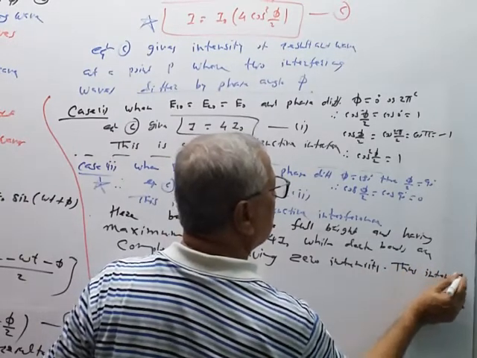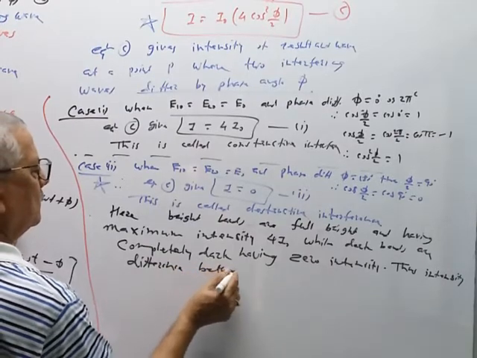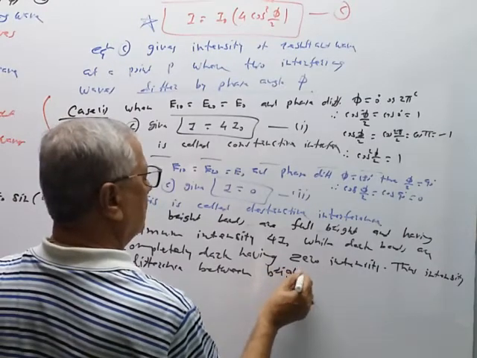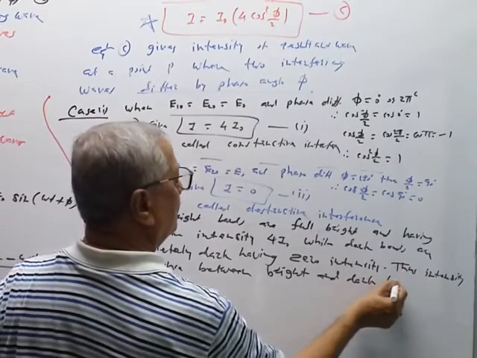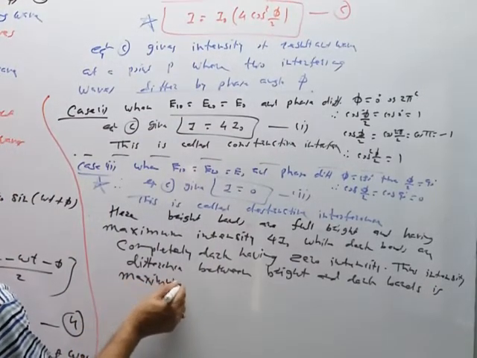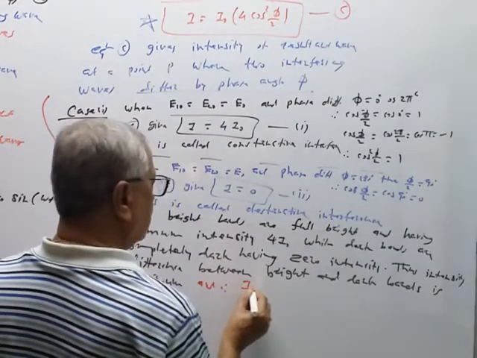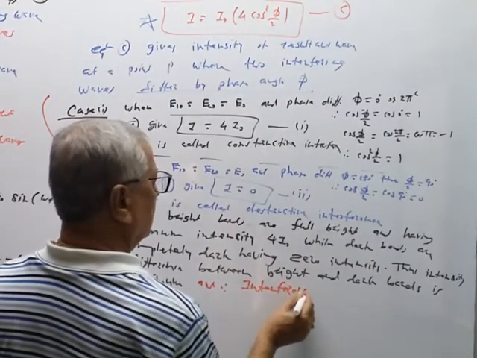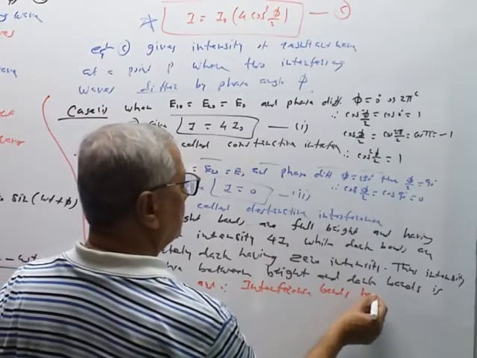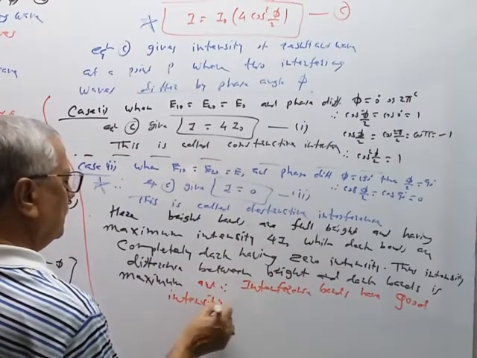Thus, the intensity difference between the bright and dark bands is maximum, and therefore there is a good intensity contrast, and the interference bands have good intensity contrast.